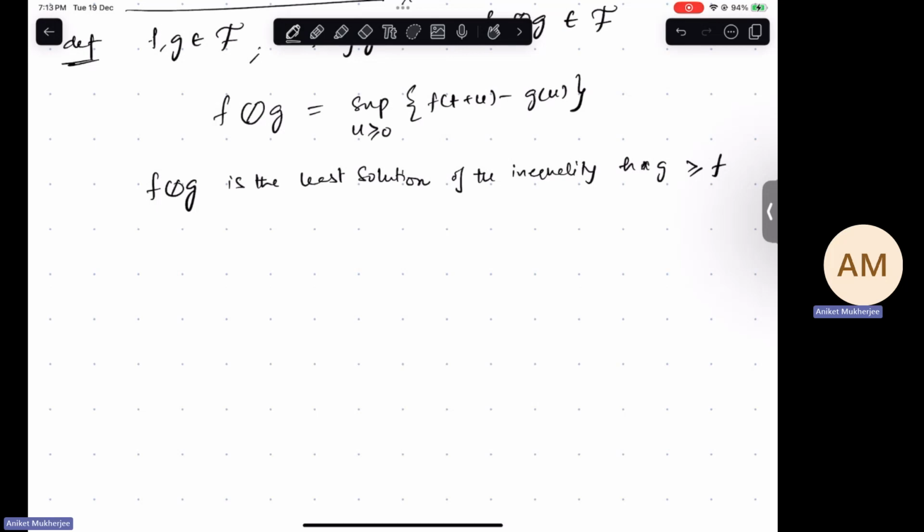Okay, we'll see some properties of deconvolution.